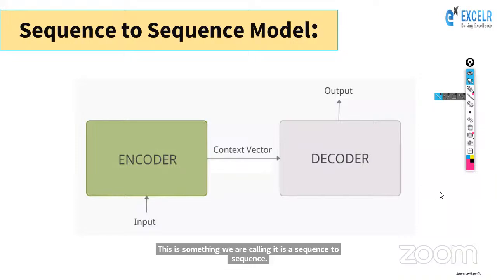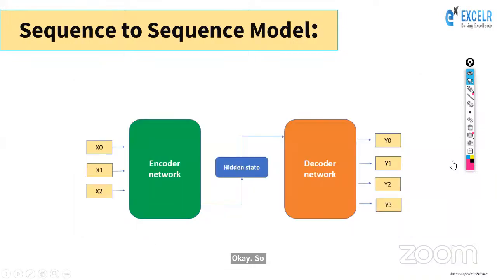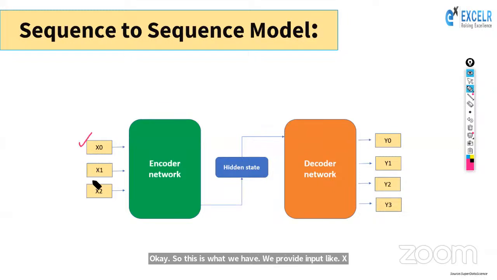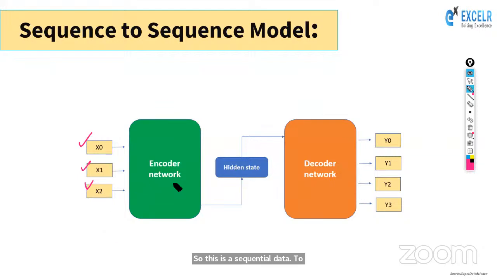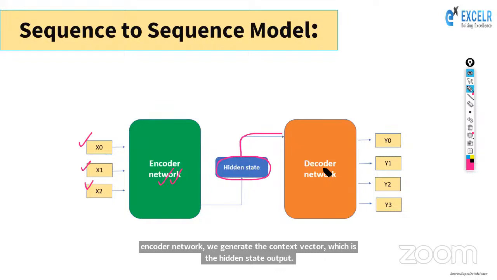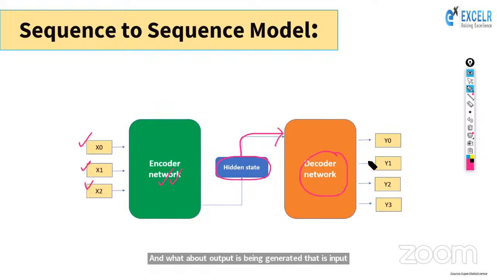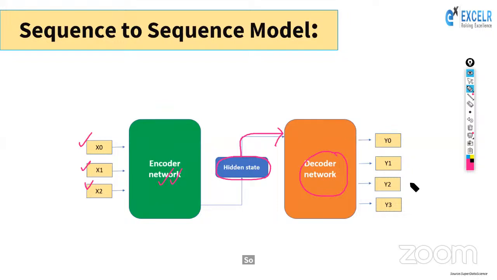Okay. So this is what we have. We provide input like X0, X1, X2, which is sequential data, to the encoder network. Encoder network will generate the context vector, which is the hidden state output. Whatever output is generated is the input to the decoder network. Then for each and every time instance, the decoder network will generate the output: at time instance t, t plus 1, t plus 2, and so on.